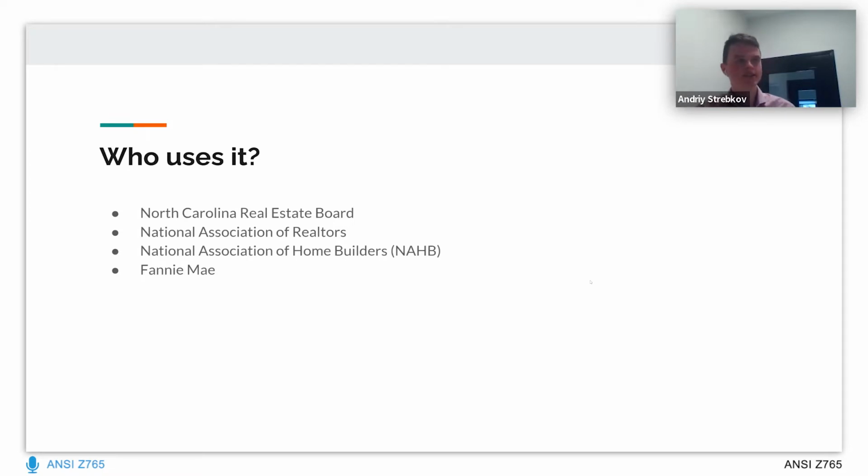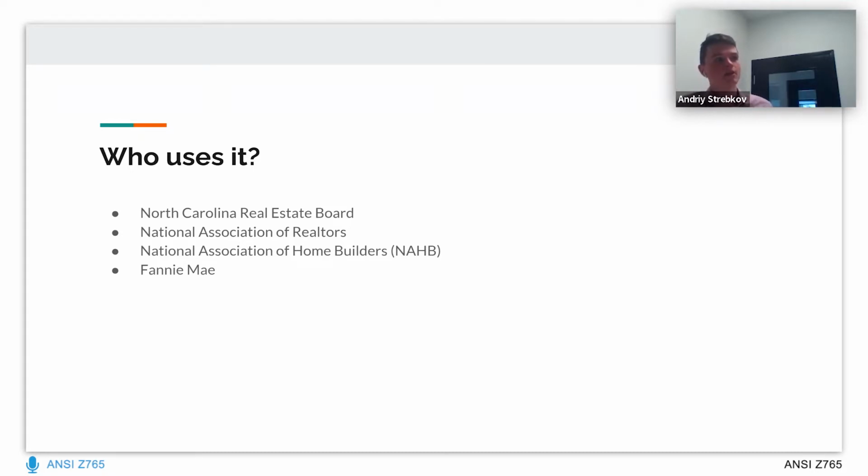So who currently uses this standard? I might have overlooked some other organizations, so excuse me, but here are some of the biggest ones. First of all, the North Carolina Real Estate Board has quite comprehensive and strict requirements in terms of how to report square footage. It's not the same case in every single state in the United States.